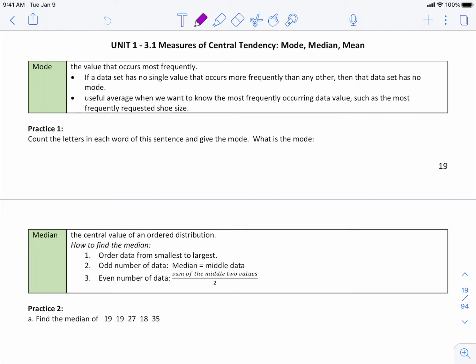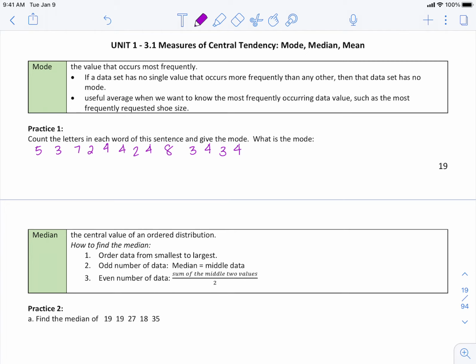For our first practice, I want you to count the letters in each word of this sentence and give the mode. So take a minute and please do so. Okay, so we have 5, 3, 7, 2, 4, 4, 2, 4, 8, 3, 4, 3, and 4.